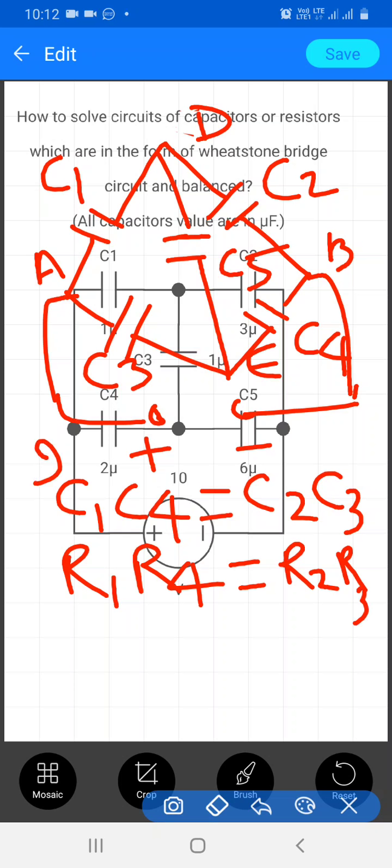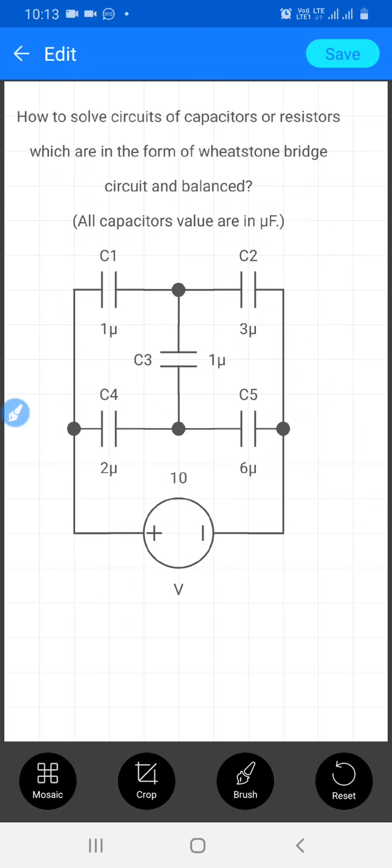If this condition meets, then we can say the Wheatstone bridge circuit is balanced, otherwise unbalanced. So generally questions are asked on balanced Wheatstone bridge circuit. So I move further.